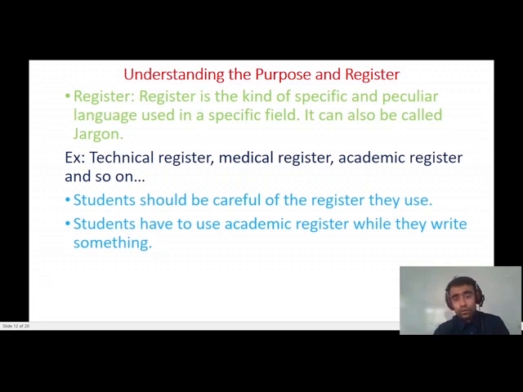So students should be careful about the register they are going to use. You should know which kind of register you are supposed to use in any piece of writing, because registers are different from field to field. So for academic writing, we are supposed to write in academic register.